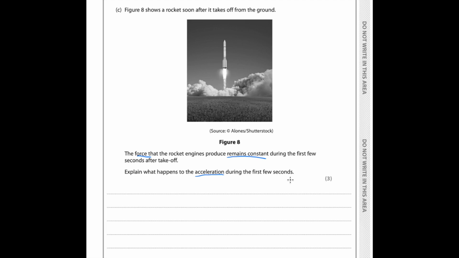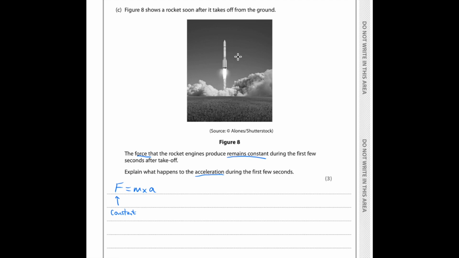Okay, so what equation do you know that links force and acceleration? Well, it's Newton's second law. Force equals mass times by acceleration. Now, if the force remains constant during the first few seconds, what do we know about the mass?